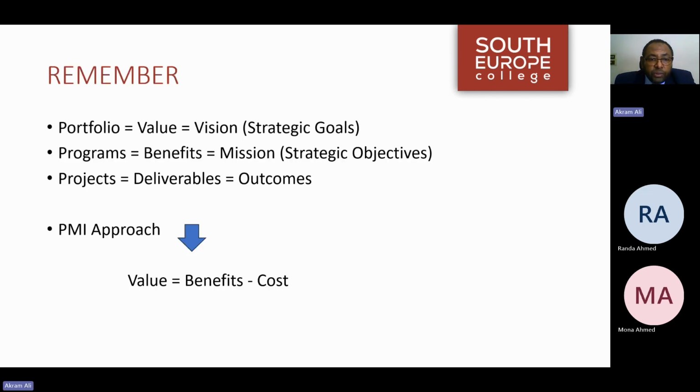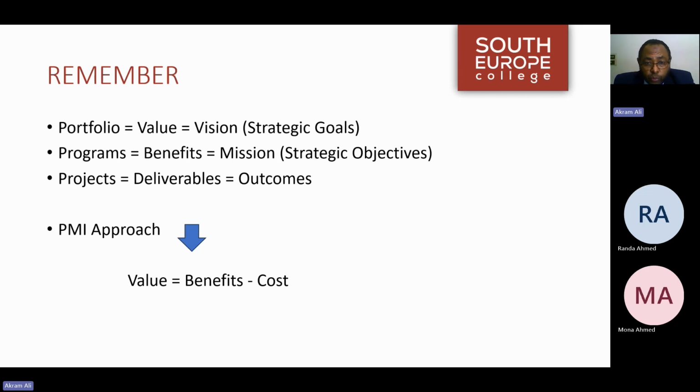So here we need to remember when we speak about portfolios, we are speaking about value. And when we speak about programs, we are speaking about benefits. And when we speak about projects, we are speaking about outcomes. And values are related to vision and strategic goals.